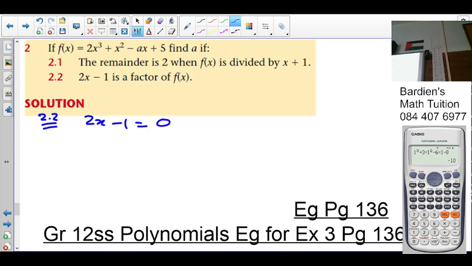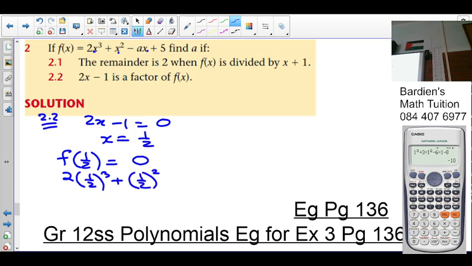We set the divisor equal to 0. So x is equal to half. So what do we know from here? We know that f of half is equal to 0. So wherever I see an x, I put a half. So 2 times half cubed plus half squared minus a times half plus 5 is equal to 0. Now I want you guys to solve for a in groups.